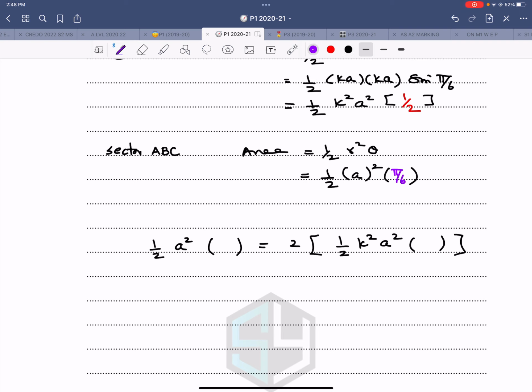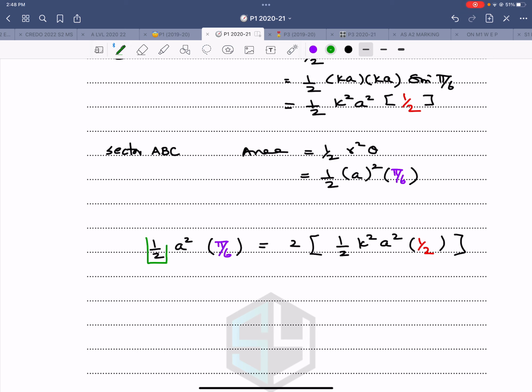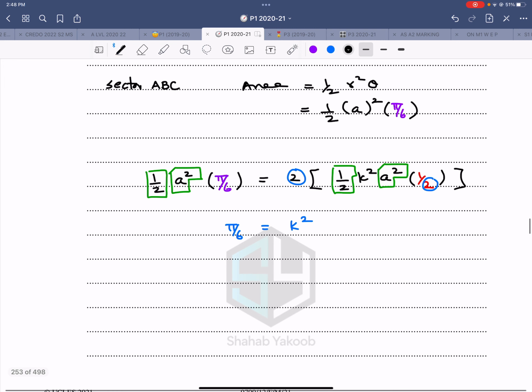Now what would cancel out? This half and A square would cancel out. So what are you left with? You're left with pi by 6, and simply K square, because this 2 and this 2 also cancel out. So therefore, the value of k is the square root of pi divided by 6, which is 3.142 divided by 6, square root, and that's where the accuracy comes in.